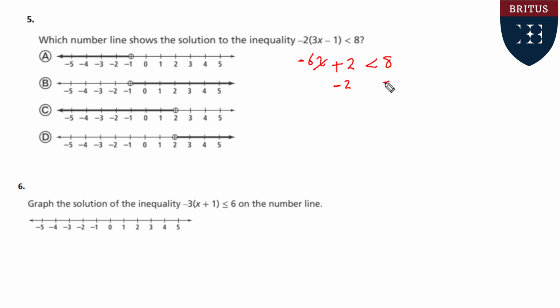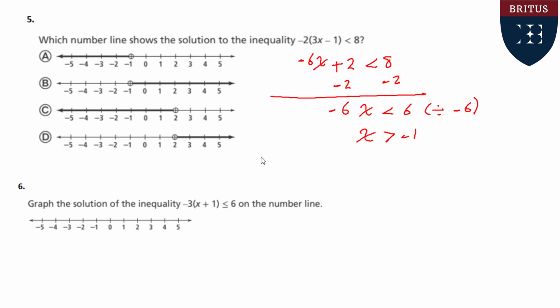Subtract 2 from both sides. We get negative 6x is less than 6. Divide both sides by negative 6 and reverse the inequality sign. Don't forget. We get x is greater than negative 1.